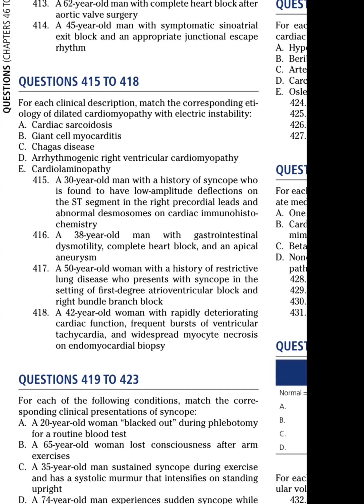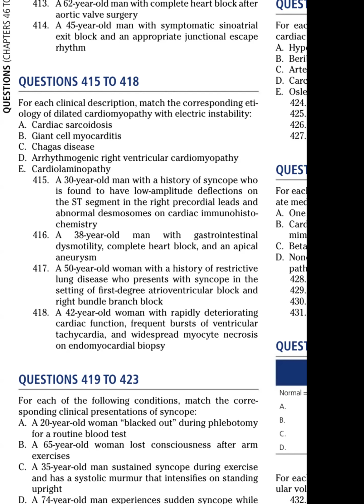So 416 is C. Then 417, a 50-year-old woman with a history of restrictive lung disease who presents with syncope in the setting of first-degree AV block and right bundle branch block. That best fits cardiac sarcoidosis because this patient is 50 and already has a history of restrictive lung disease, which is the pattern we have with respiratory sarcoidosis.